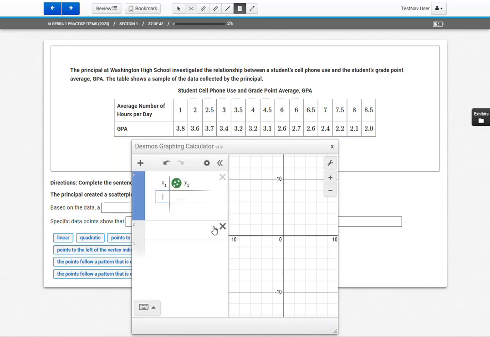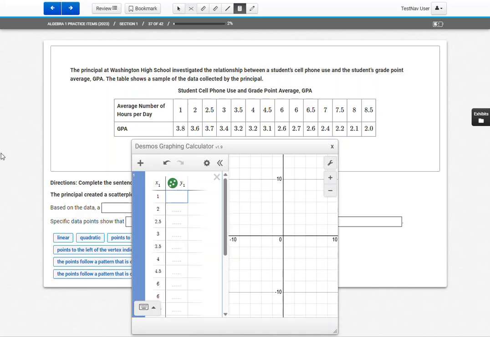So just plug it in, 2.2, and then 2.5, and then so on. Once you have put in all the x values, go ahead and put the y values. Make sure that all of the data matches. Now, as I'm putting in the y values, you can see that the points are being added to that, right?